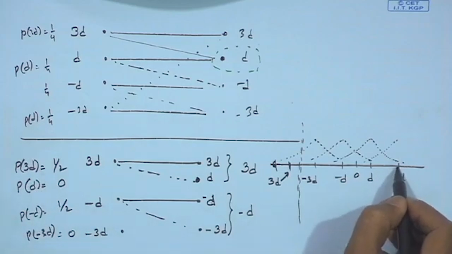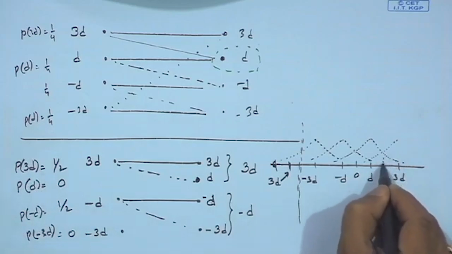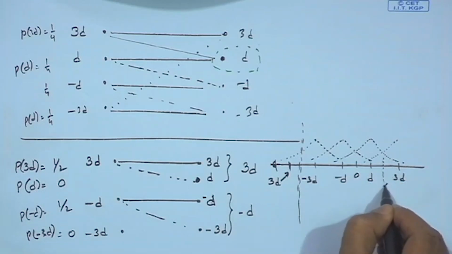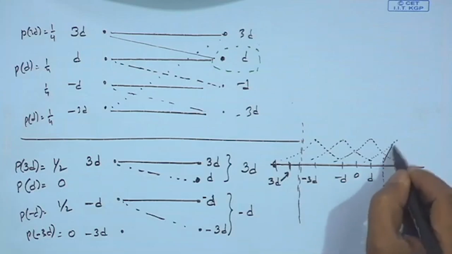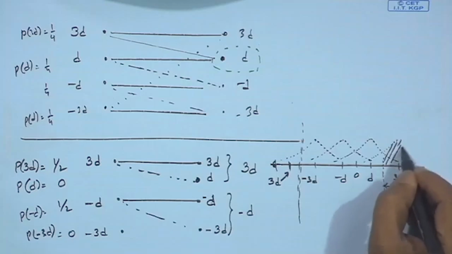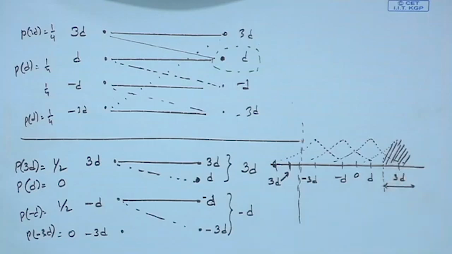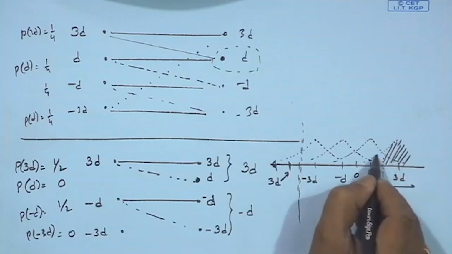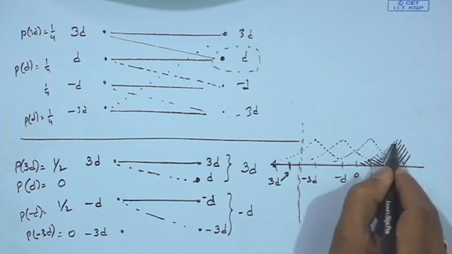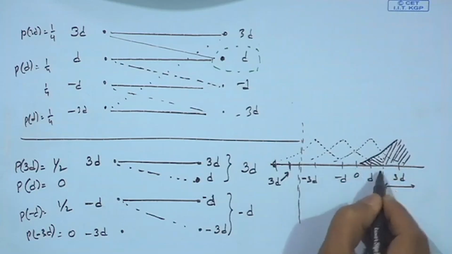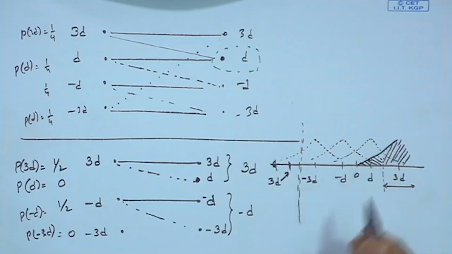So, when a 3D is sent, the probability of it being detected as 3D is the area under the curve in this region. So, I am going to get the probability of 3D being received as 3D, and the area under the curve here would be the probability of 3D being sent but being detected as D, and suppose it goes to 0, it does not change.